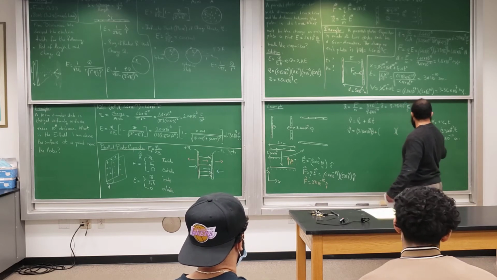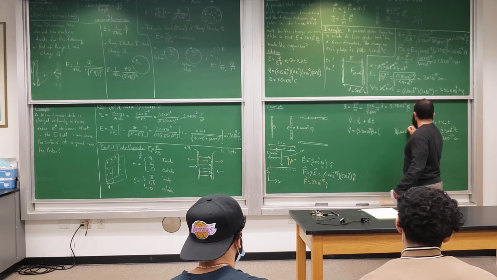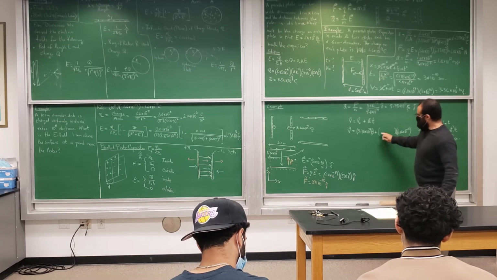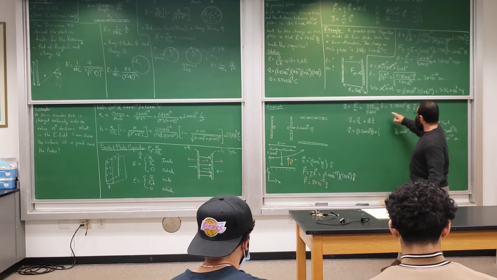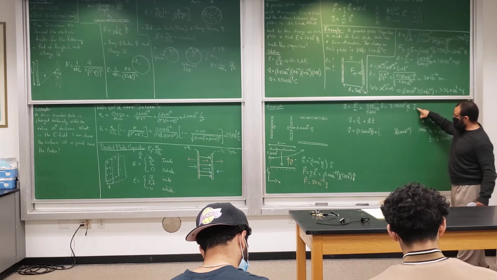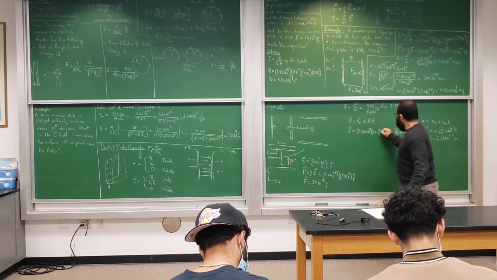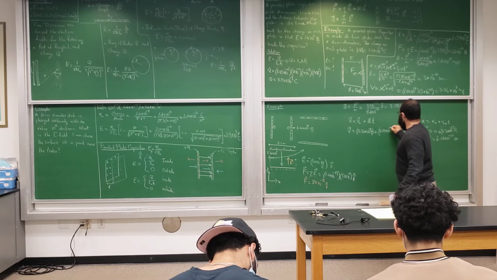The time is 6.06 times 10 to the minus 10. What was the acceleration again? 8.78 times 10 to the 15 j hat.